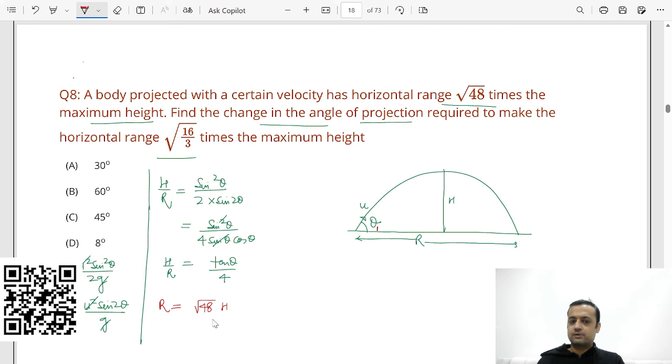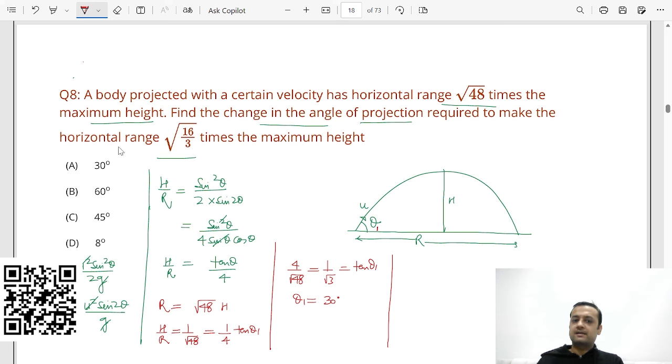Then the ratio h by r is 1 by root 48, and that should be equal to 1 by 4 tan of theta 1. So 4 will go on this side, so 4 upon root 48, which is nothing but 1 upon root 3, equals tan of theta 1, which means theta 1 should be equal to 30 degree.